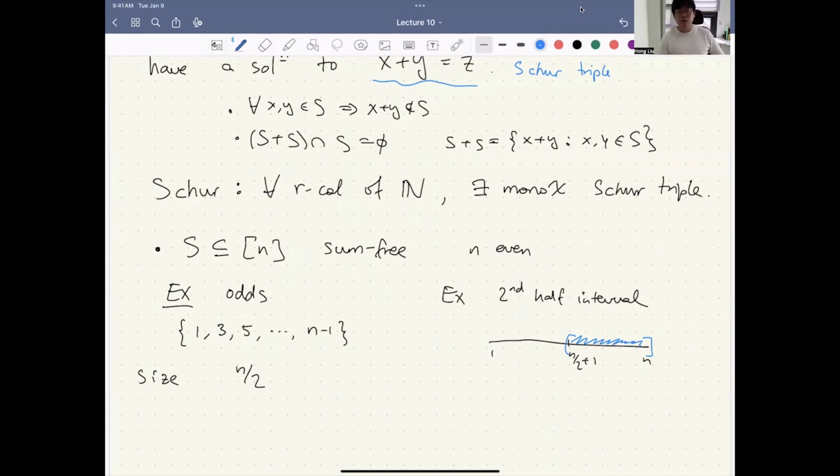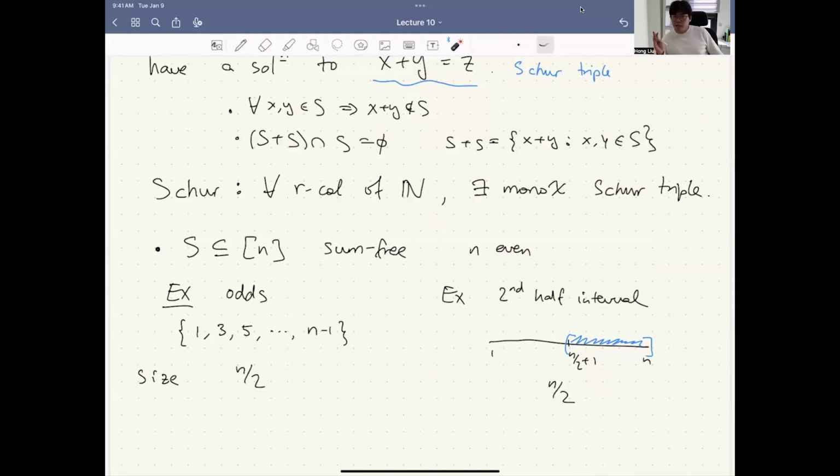You can even shift it to the left by 1, also size n over 2. Obviously, it's also sum-free. Two odd numbers add up to an even number, not in here. This is sum-free because of the parity constraint. Here, add up two numbers, it's going to be strictly larger than n, so it goes outside. This is because of the size constraint. Easy. These two happen to have size n over 2.